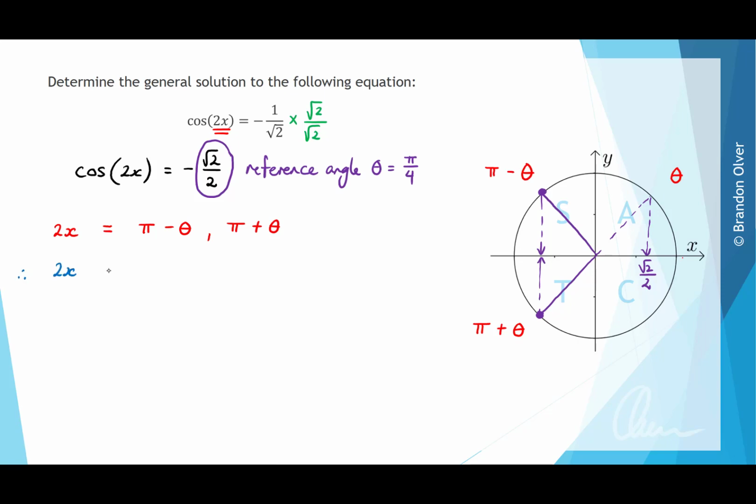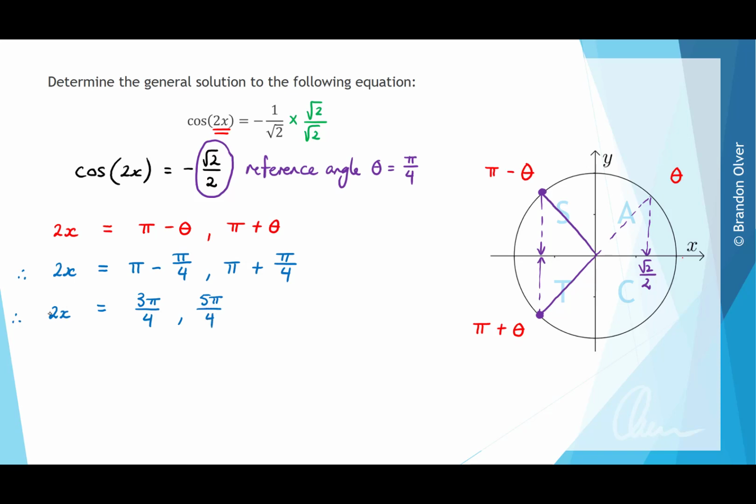Therefore, 2x is equal to pi take pi on 4 or pi plus pi on 4. If we evaluate that, we have 2x is equal to 3 pi on 4, and 5 pi on 4.